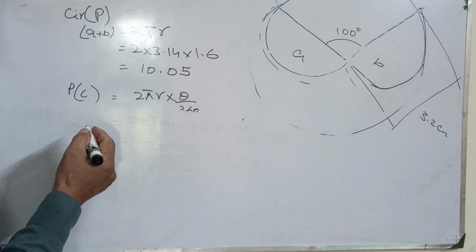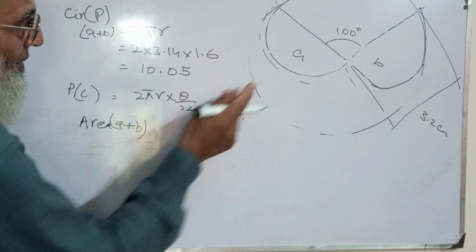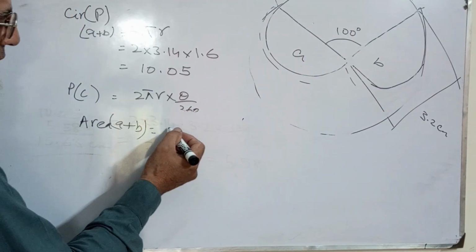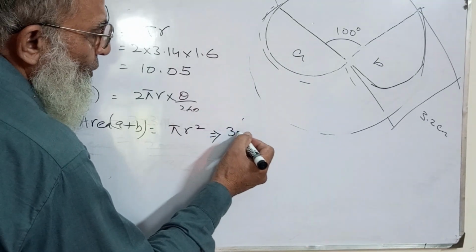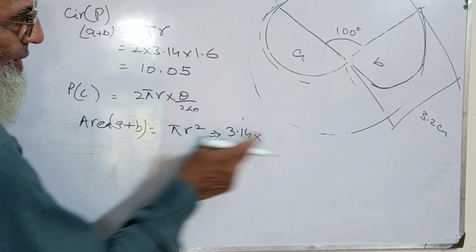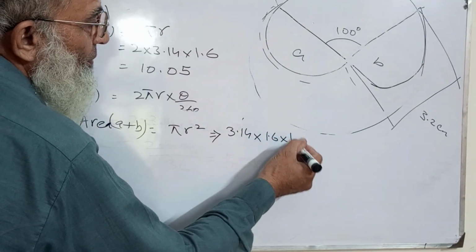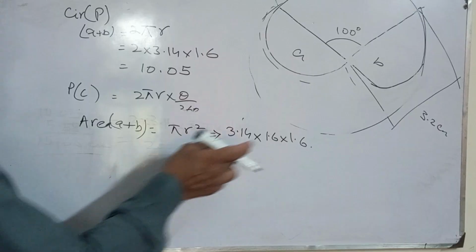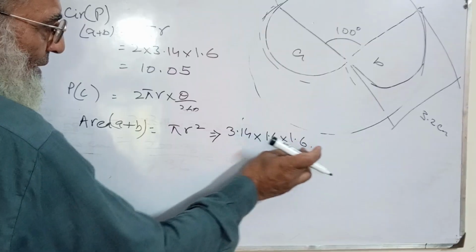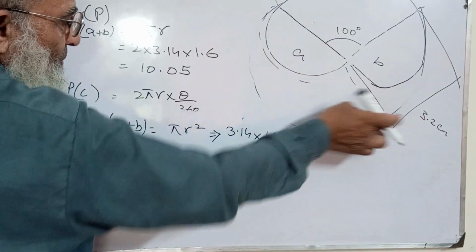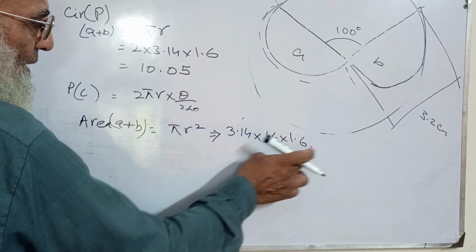The area is number one, A and B. Since these are two half circles, the area will be pi r square. Pi r square means 3.14 multiplied by r square, which is 1.6 multiplied by 1.6. Since the diameter is given as 3.2, we have to make half of it and square it, because the area uses r square.